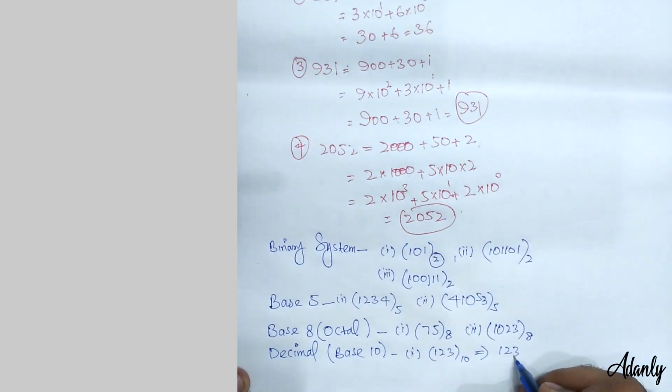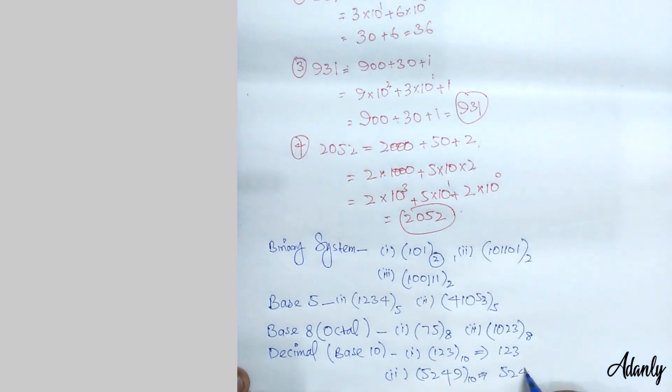This will indicate that it is decimal system or base 10. Another example could be 5249 to the base 10, or we can also write it as 5249. This will also represent that this number is in decimal system or base 10.